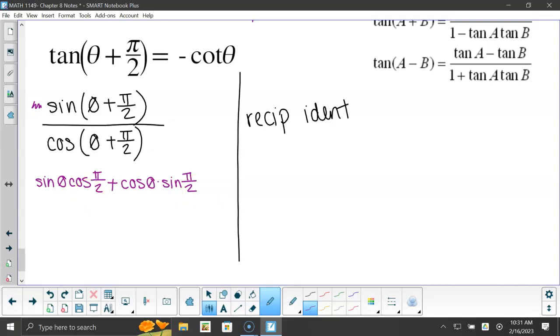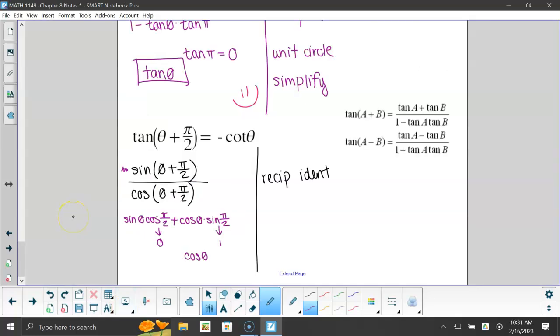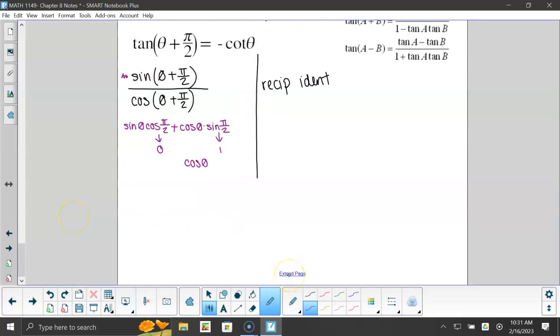Cosine pi over 2 is 0. This one's 1. So that entire numerator simplifies down to just being cosine of theta. Zoom out just a little bit. The denominator. This one's still 0, this one's still 1.